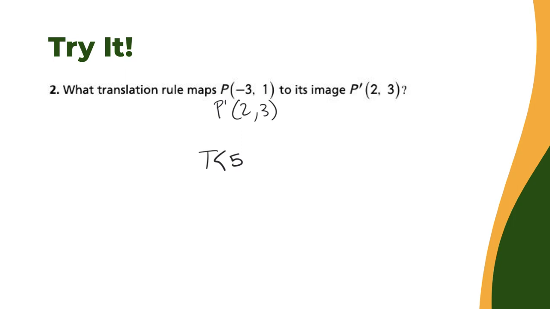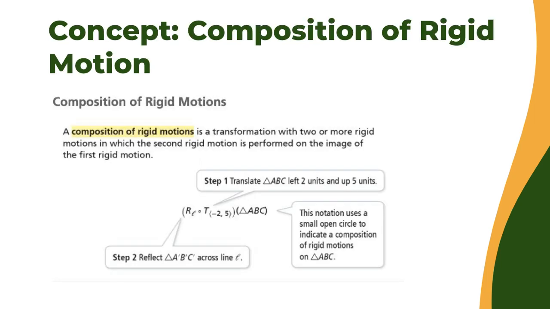And then if I compare from 1 to 3, I have to go up 2. So that would be 2. And that is what if you transform P by going over 5 and up 2, that will equal P prime. So there's your answer.